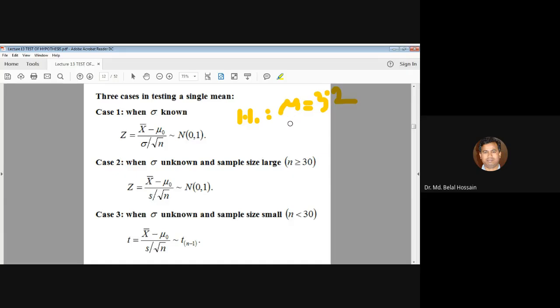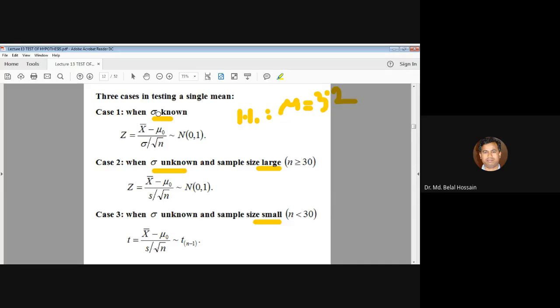Sigma comes in intuitively, because the normal distribution has 2 parameters, mean and sigma. So when you are going to test the mean, sigma will come in instantly. Sigma can be known, sigma can be unknown. The sample size can be large, the sample size can be small. So we have 3 situations here.